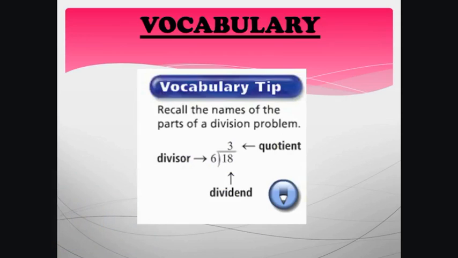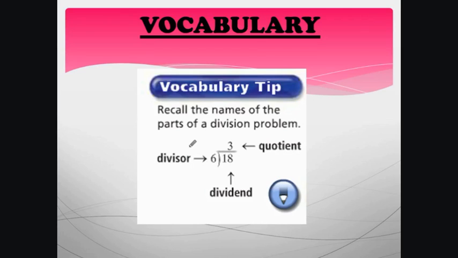In order for us to have a really strong understanding of how to divide decimals, let's take a look at some vocabulary that we need to know beforehand. Let's take a look at the board here. Our vocabulary tip: we need to recall the names of the parts of a division problem. So let's take a look. We have our divisor, our dividend, and our quotient. The quotient of a division problem is the answer to that division problem.